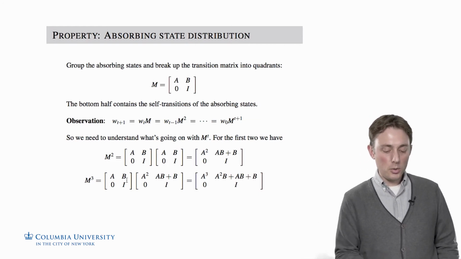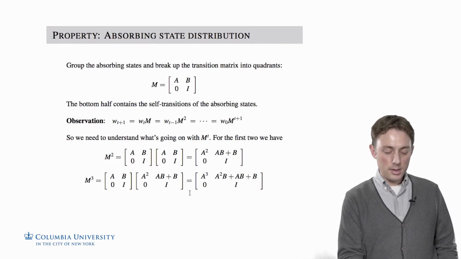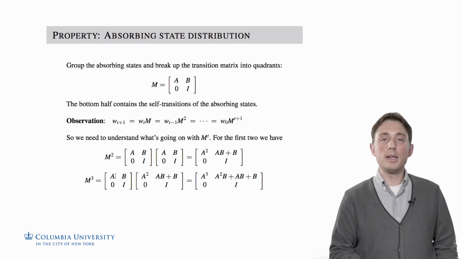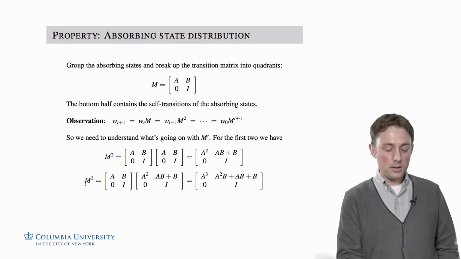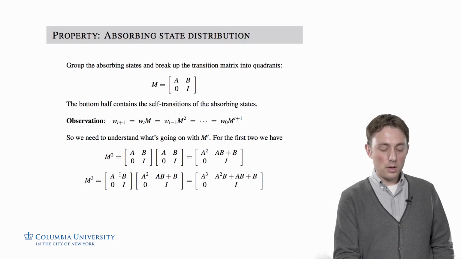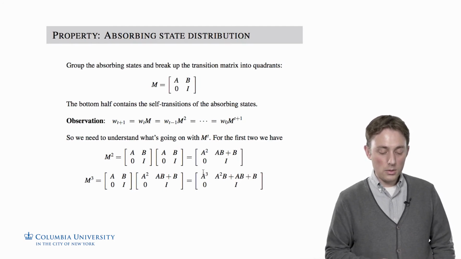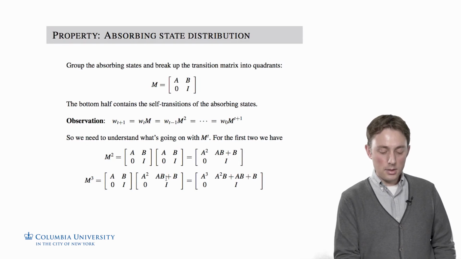Let's now look at M cubed. So M cubed is this times itself 3 times. We already know what M squared is, so we'll take this and put it in here. That's figuring out the M squared portion. And then we just multiply it by itself again to find M cubed. Okay, so we have AB times A squared 0, that's A cubed. AB times this term, so A times this term plus B times this term. We have a B here.